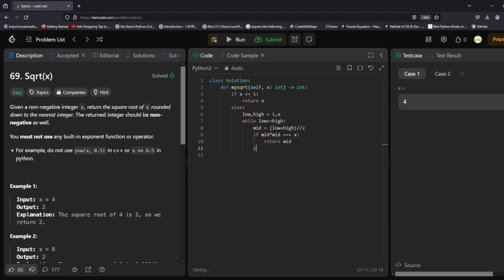And if mid times mid is greater than x, so let's say we get the mid value, then we square the mid and it's greater than x, that means we are out of line. That number can't be the square root of x.